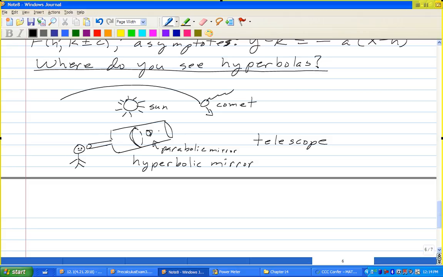Okay, so you have these series of mirrors that focus everything into your eye, basically. So usually it's done in most modern telescopes as a combination of hyperbolic and parabolic mirrors.